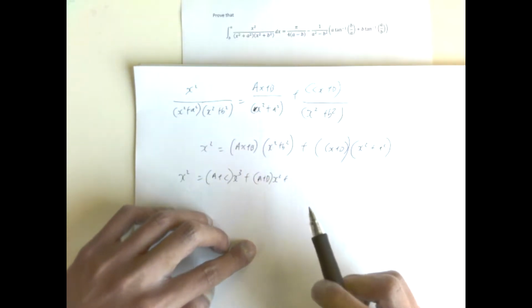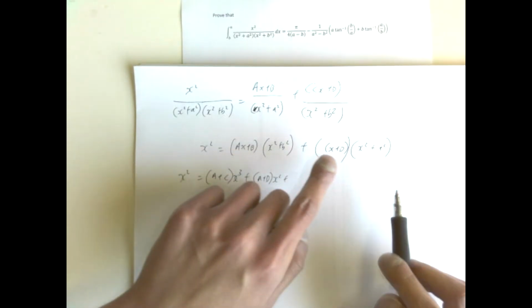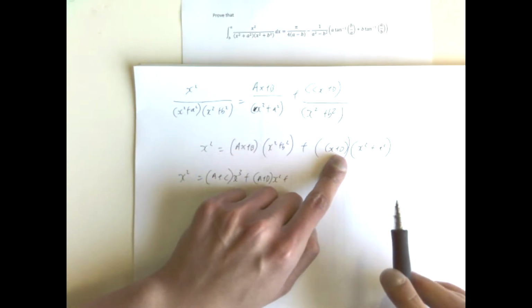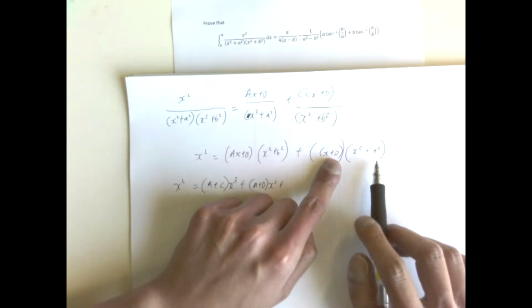For the constant terms, we have capital B times little b squared, capital D times little a squared.